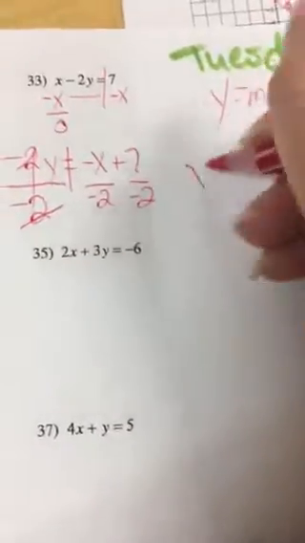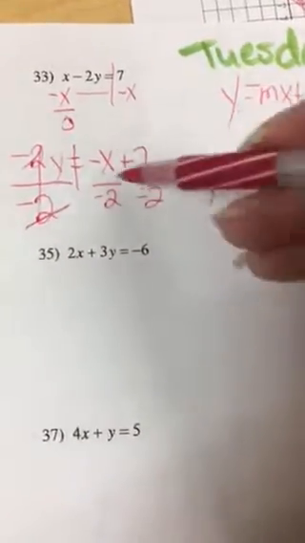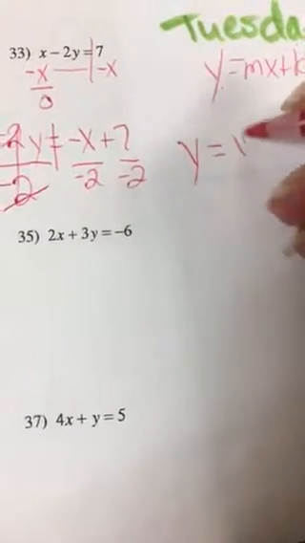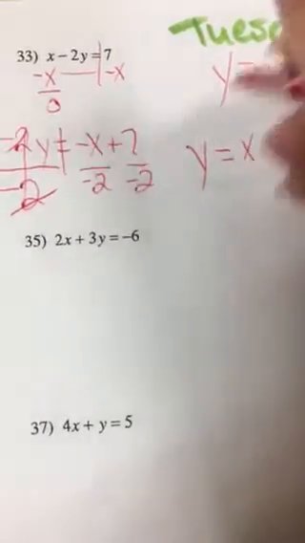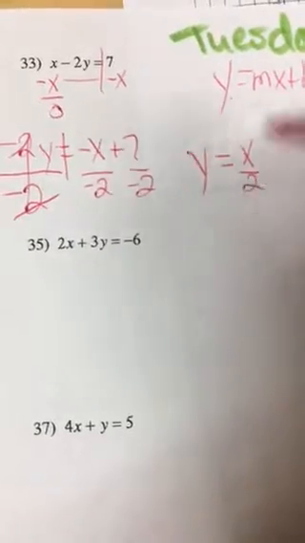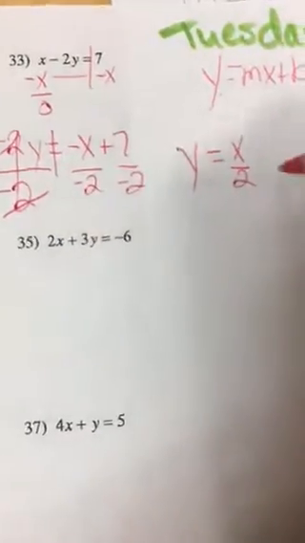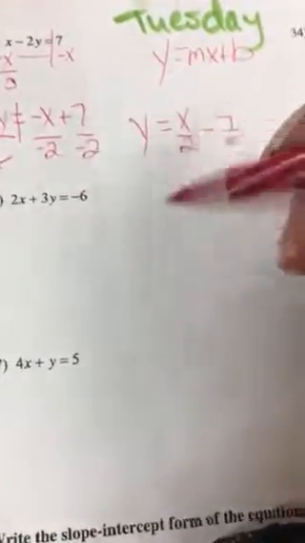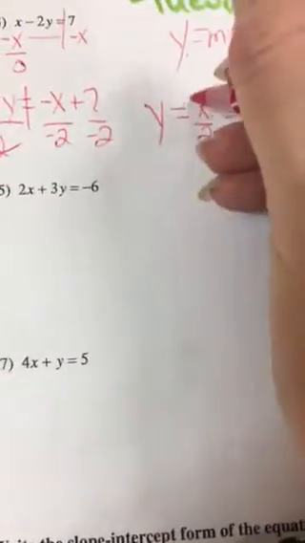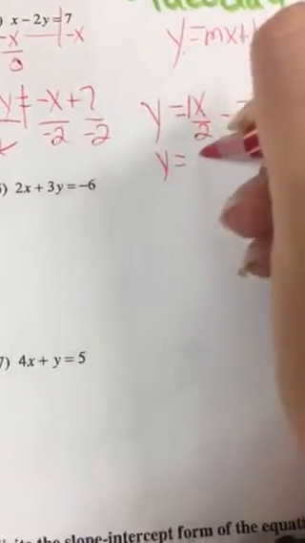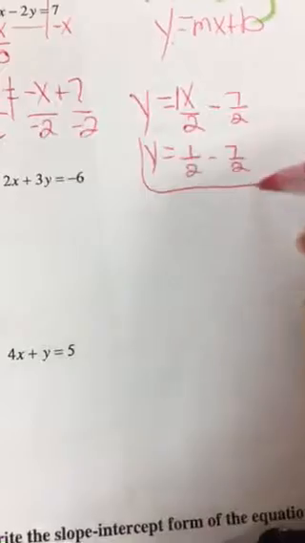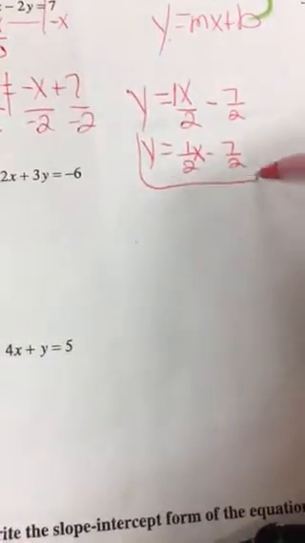This just becomes y equals, well, a negative and a negative, that makes a positive x over 2. And then 7 divided by negative 2, that's just going to be a minus 7 halves. Another way to write this, well, I know there would be a 1 out in front of here, so y equals 1/2 x minus 7 over 2.